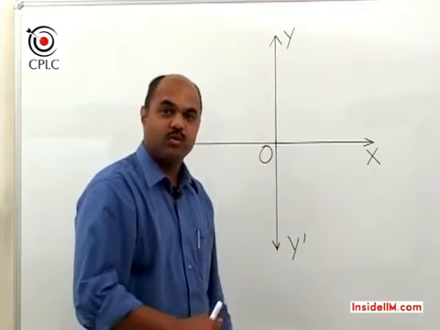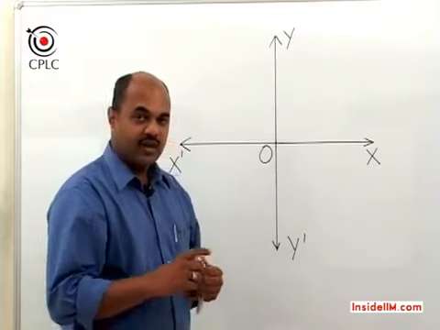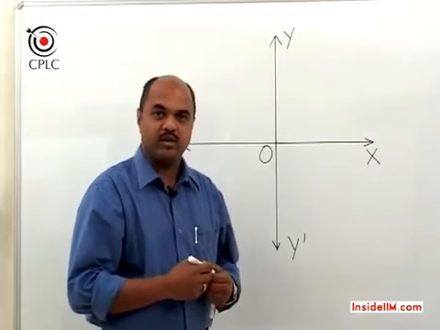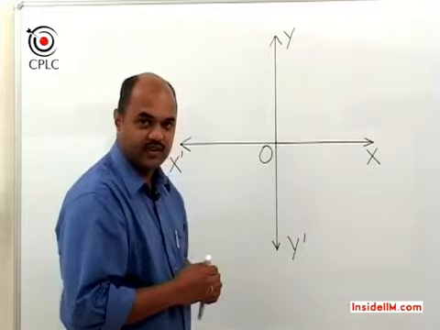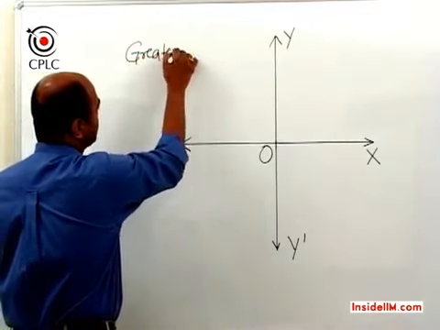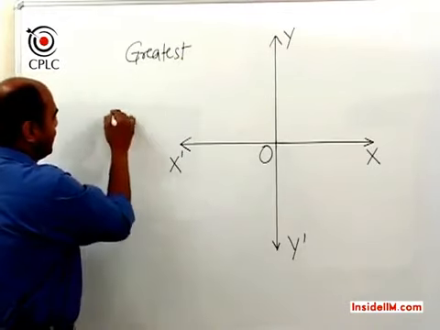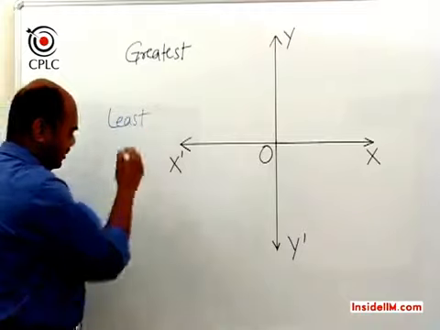The next function that we would look at is called the integer value function. In the integer value function, we would look at two different types: one which is known as the greatest integer value function, and the other which is known as the least integer value function.